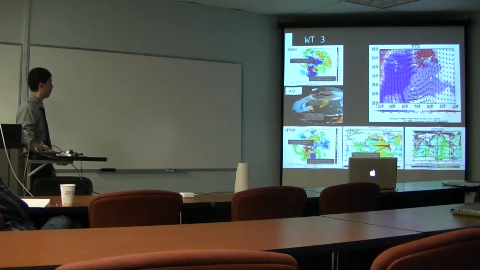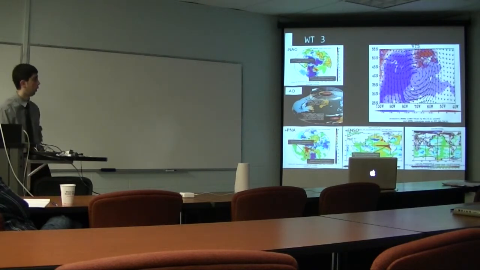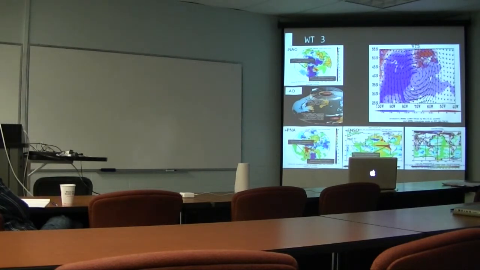The one thing that is fairly different is that you actually have more warming temperatures in WT3, where the other teleconnections do show colder than normal temperatures. And then the last thing, again, ENSO is warmer there.